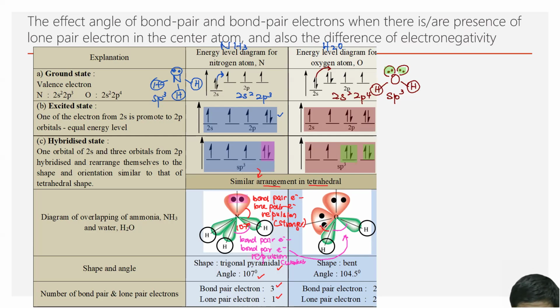In here there are two, one is in here, one is in here, right? Then if you notice carefully, we have the third type of repulsion, which is this one. This repulsion is called lone pair electron repulsion, which is the strongest among all of them.